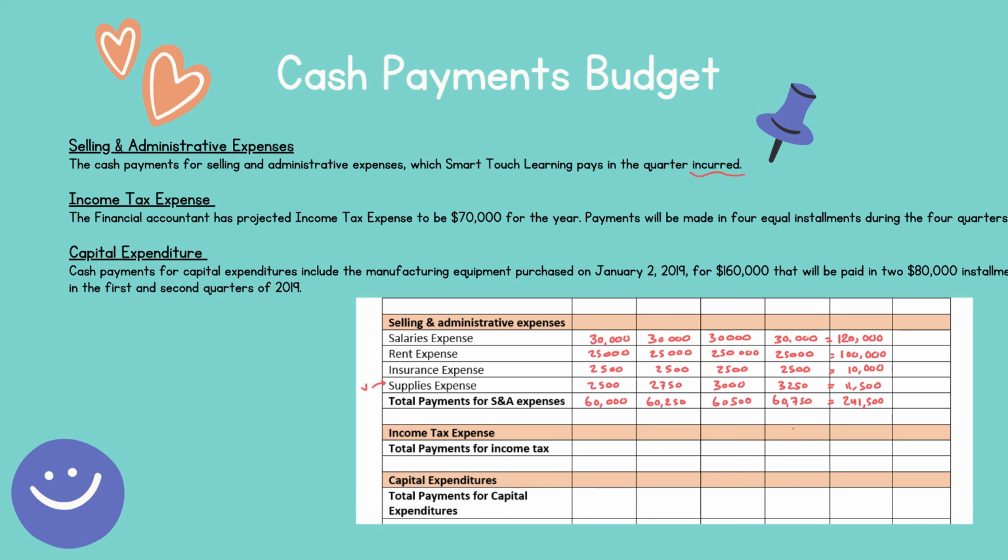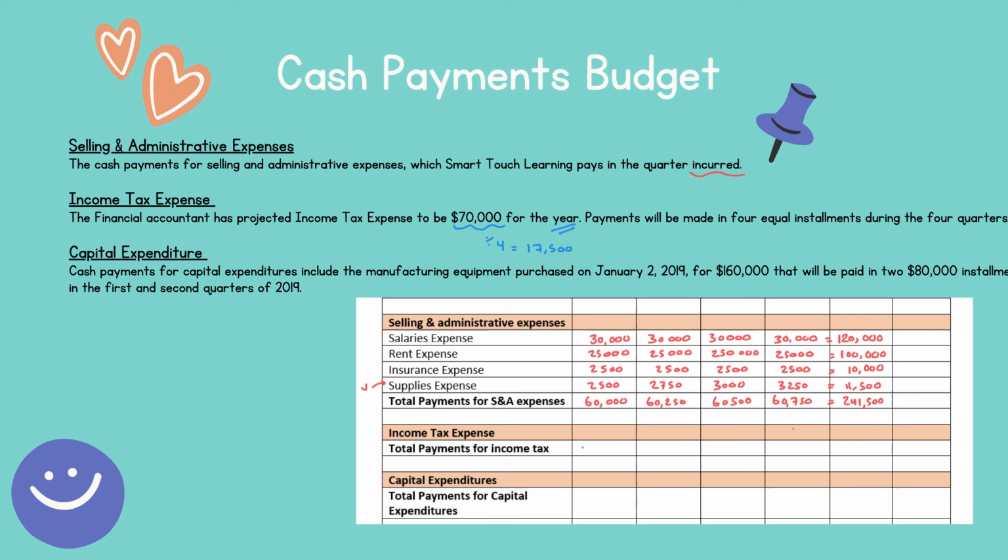Okay, now income tax expense. The financial accountant has projected income tax expense to be 70,000 for the year. So payments will be made in 4 equal installments during the 4 quarters. So I need to divide the 70,000 by 4 to get the payment per quarter, which is 17,500.